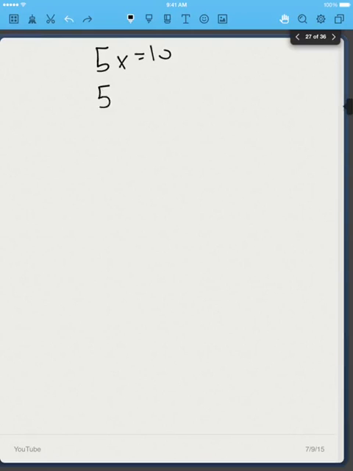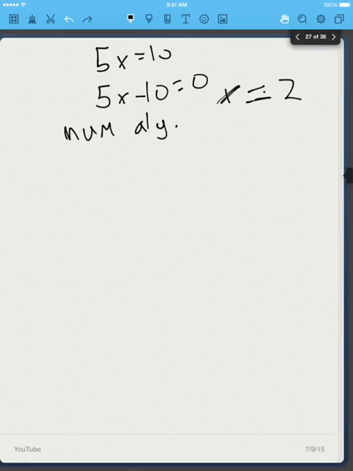For the case of 5x equals 10, I can look at 5x minus 10 equals 0. Let's come up with a numerical algorithm, and let's say I don't know that x equals 2 is the solution to this. Well, I could make a guess.